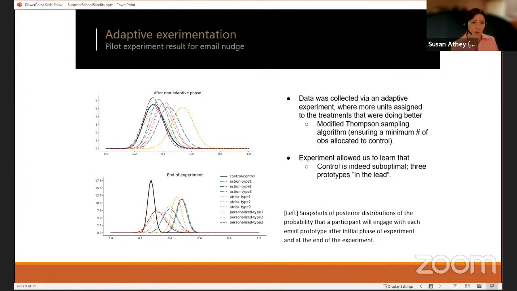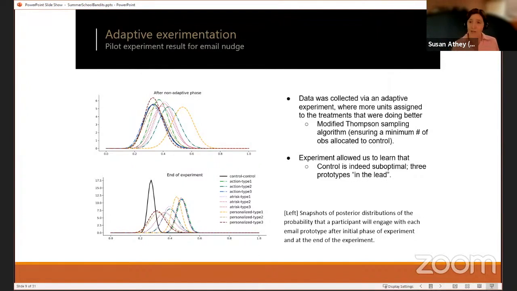All right, so just to get a sense for this experiment, the one that I started with, this boot warning parking fines experiment, we ran an adaptive experiment. We used a modified Thompson sampling algorithm, ensuring a minimum number of observations was allocated to the control, because we did anticipate that we would want to show afterwards that our treatment was better than the control.